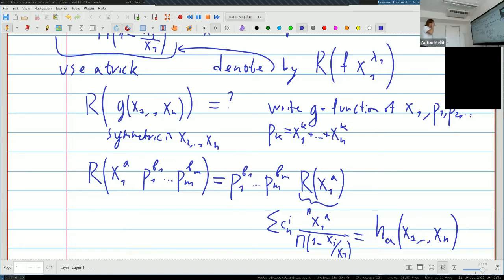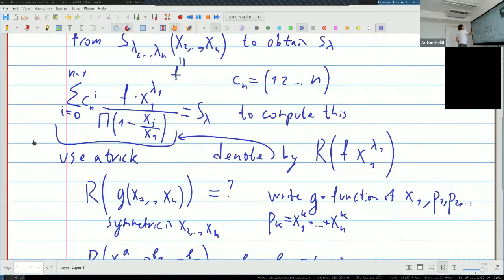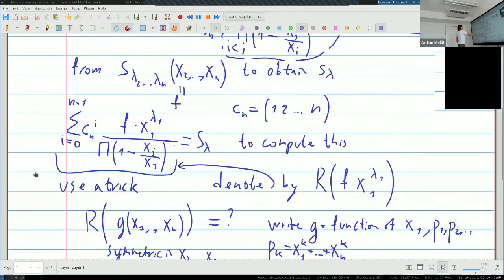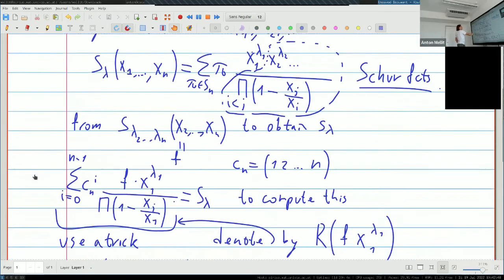So this is how you compute what you wanted to compute, to symmetrize. You reduce the problem to symmetrization one by one, right?